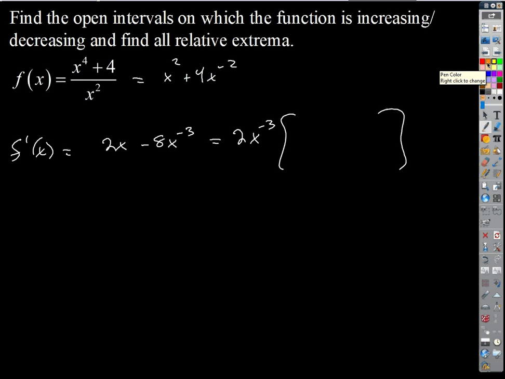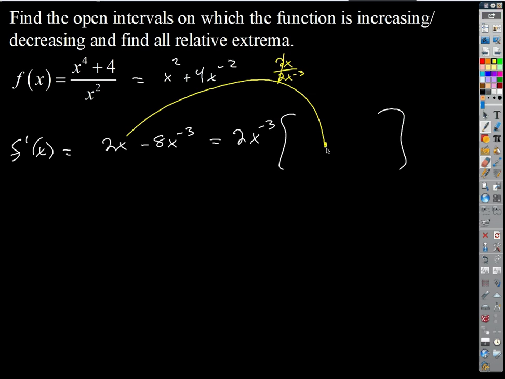What's 2x divided by 2x to the minus 3? The 2's cancel. x divided by x to the minus 3. When I divide like bases, I subtract, right? So x to the 1 minus negative 3 would be x to the 4th.